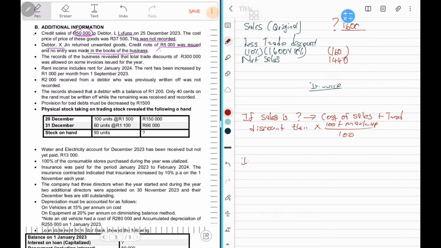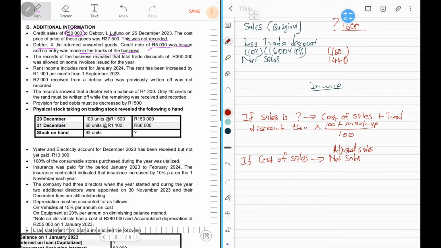But now if cost of sales is the question mark, this is in the context of trade discount, then you take your net sales, the one that you've just adjusted. I will explain the one from there.